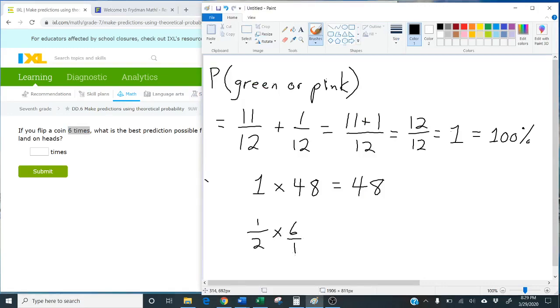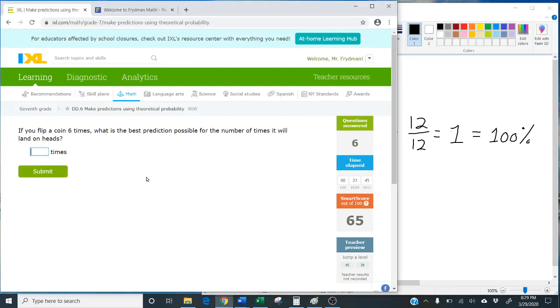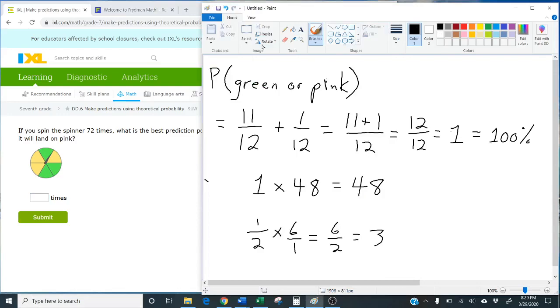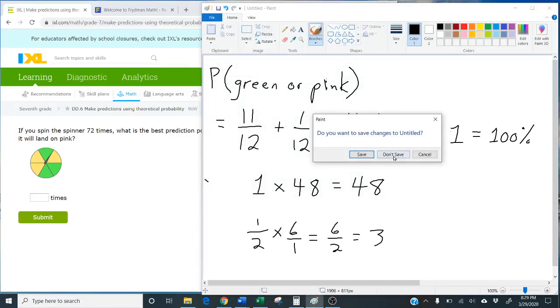Didn't we do this exact same problem? I don't know. Anyway, that would be 6 divided by 2 is 3. Okay, I feel like we've done problems like that, so I'm just going to do that one quickly.